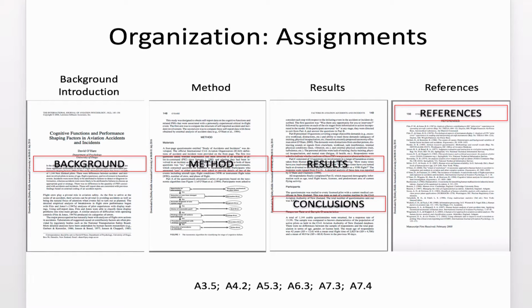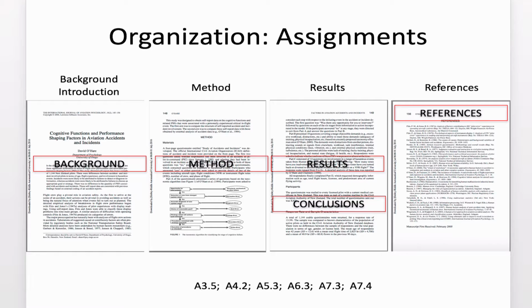A moment ago, I was talking about the organization of assignments, and what I'm going to talk about briefly now applies to the assignments at the bottom here: 3.5, 4.2, 5.3, 6.3, 7.3, and 7.4. The assignment templates are organized similar to what you would find in an empirical study.